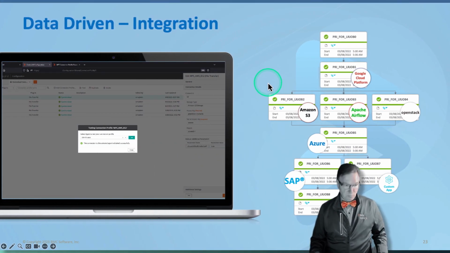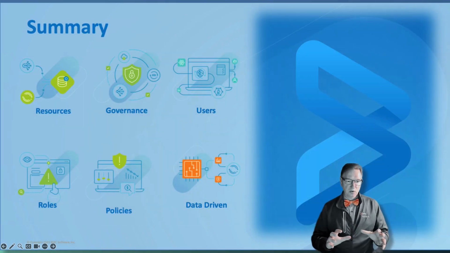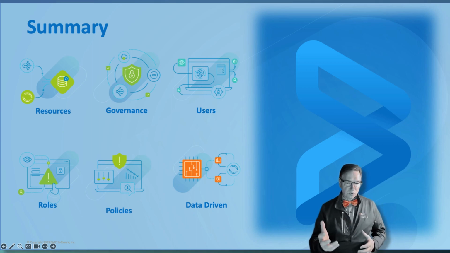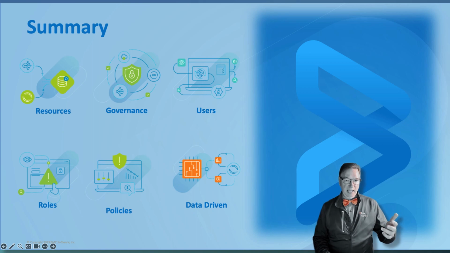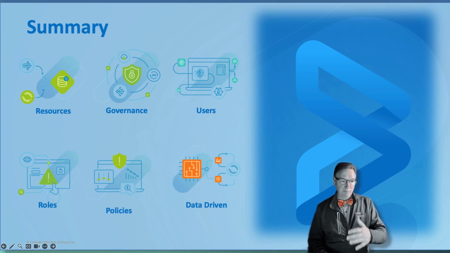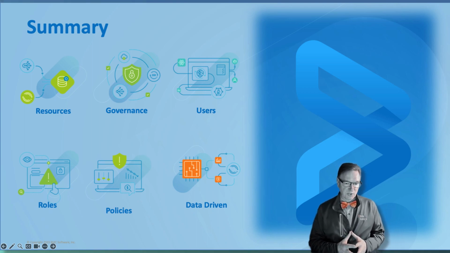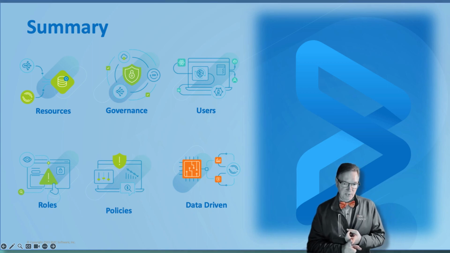So if we were to summarize what we have learned in this session, it was all around governance, making sure that the right roles and users that are identified and authenticated have access to the resources in the right way. And from an IAM perspective on AWS, it required us to have an EC2 instance with a Control-M agent running.